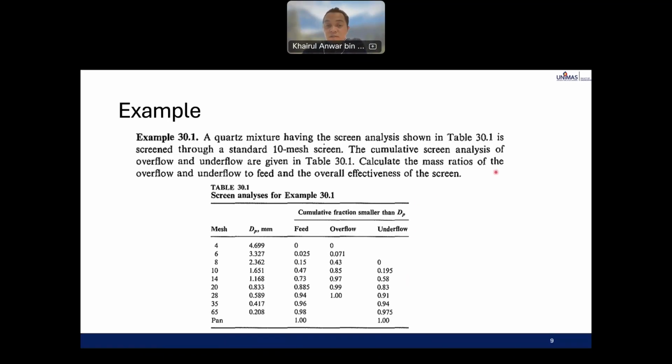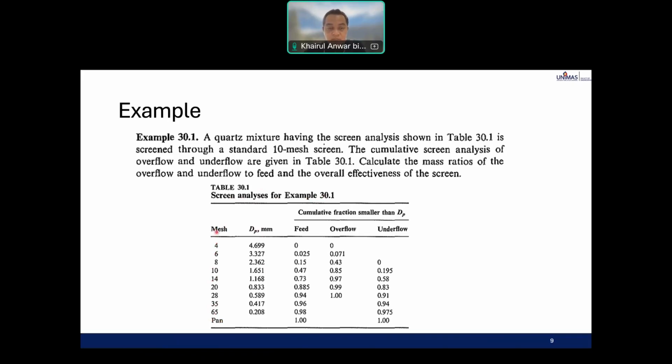Calculate the mass ratio of the overflow and underflow to feed and the overall effectiveness of the screen. So table 30.1 is the screen analysis for example 30.1. All right. So we have mesh 4 until pan.